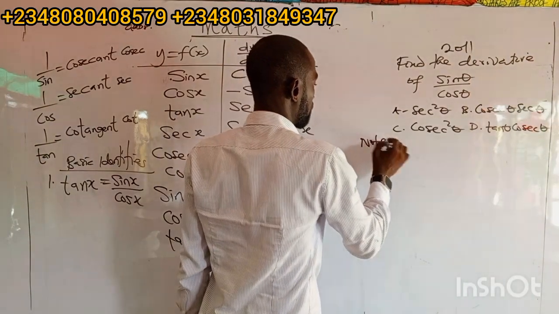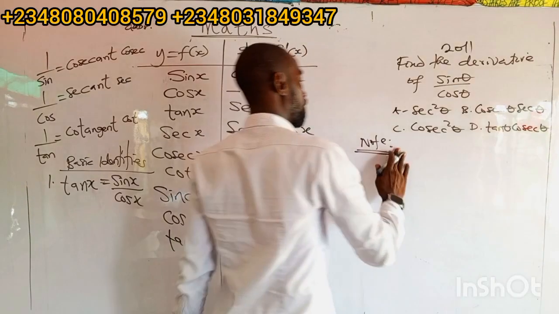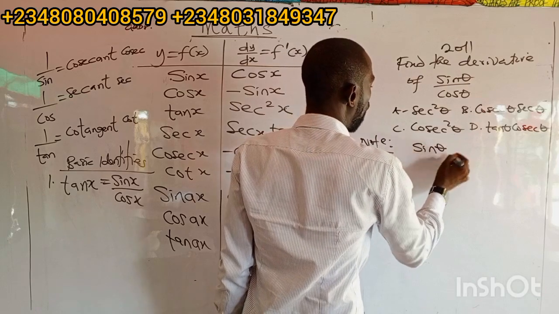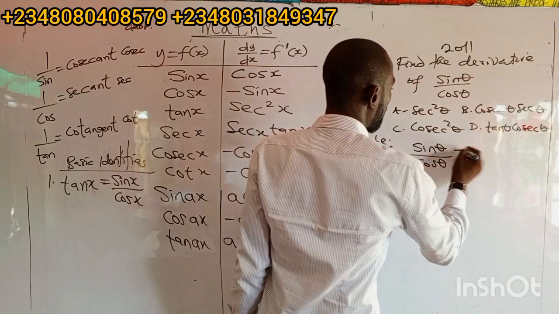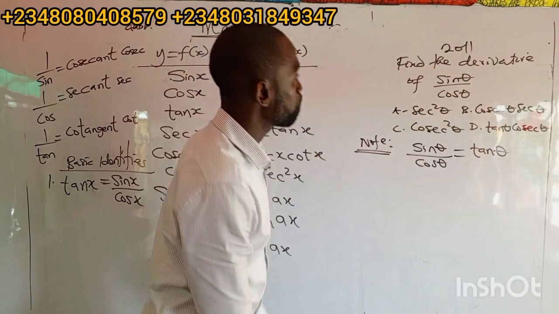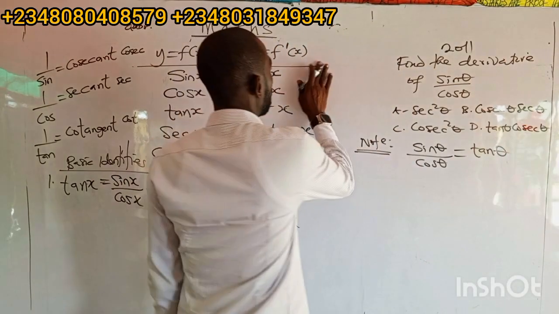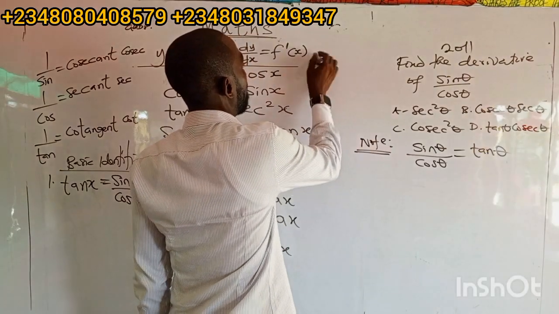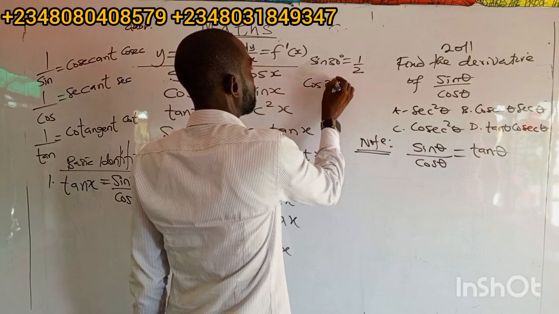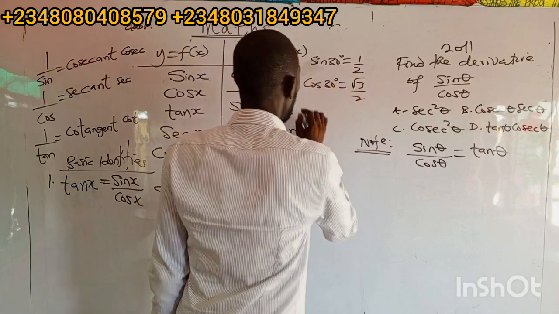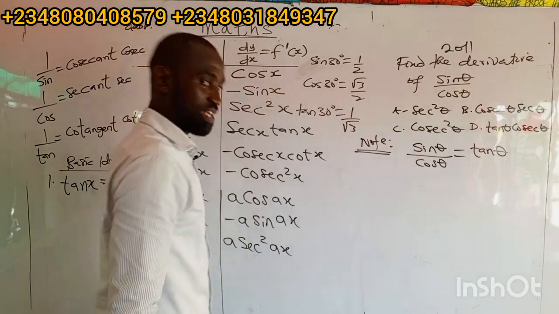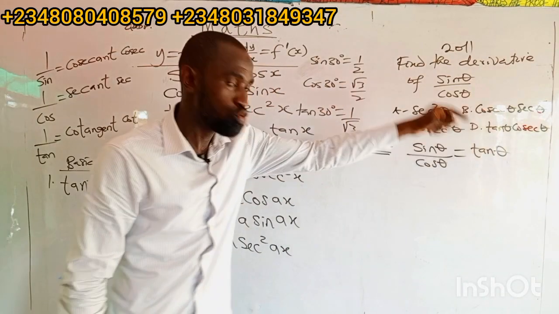Note that sin theta over cos theta equals tan theta. I'm going to confirm that. You know that sin 30 is 1 over 2. Cos 30 is root 3 over 2. What's tan 30? It is 1 over root 3. Let's confirm if this is true or not.